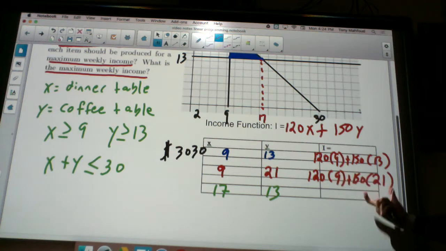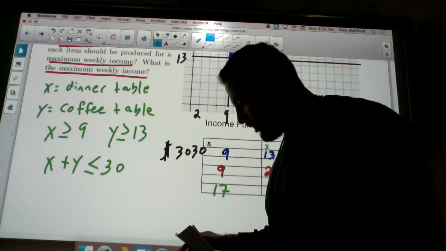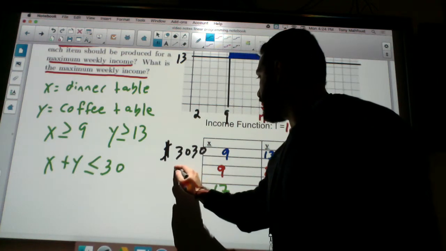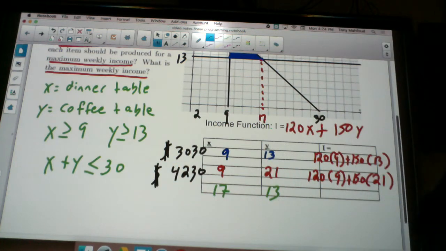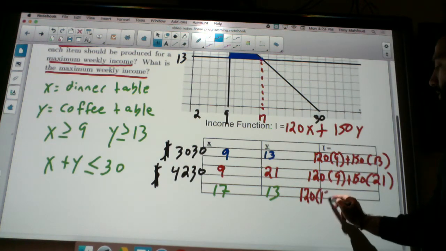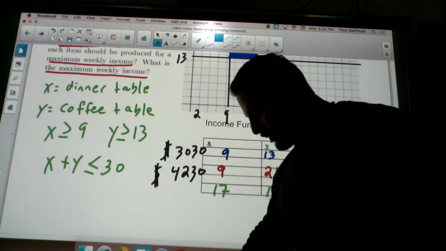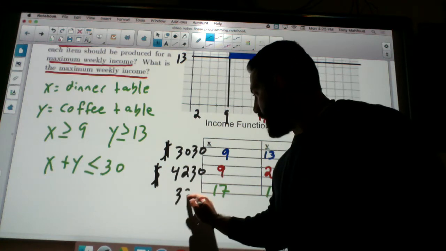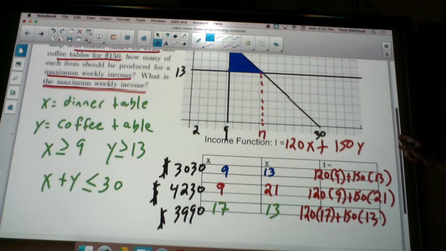Multiply those two, add them up. That's going to give me an income value of $4,230. And then the last one, plug those in, 17 and 13. So 120 times 17, plus 150 times 13. Multiply, add them up. That will give me an income value of $3,990.